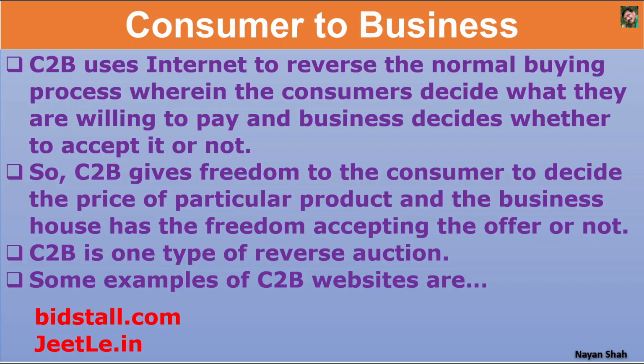At present, nowadays, because this was written 8-10 years ago, you are all aware that B2C websites like Flipkart and Amazon also have some facility that matches C2B, consumer to business.